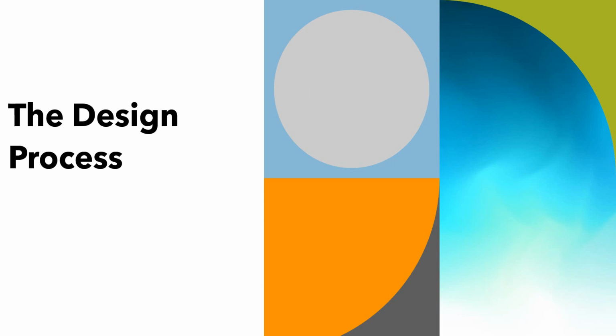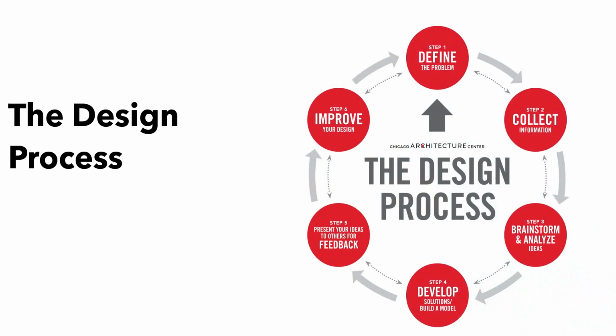So now we will look at the design process. In order to design something, we need a process to go through before we complete our design. The first step is to define the problem. You are going to understand the problem first before you go to the next step. Once you have understood your problem, you are going to collect information about it.